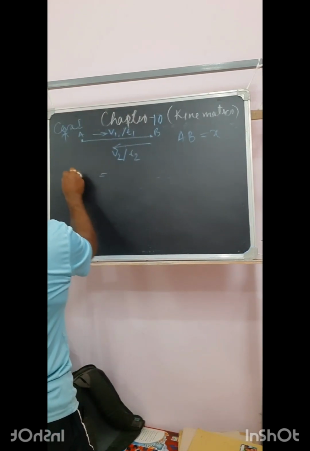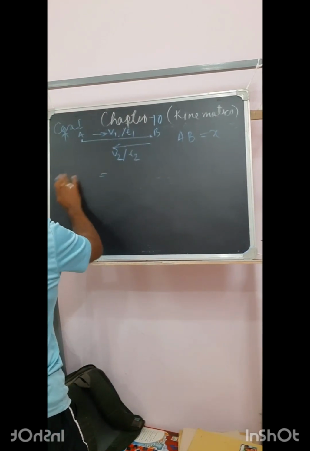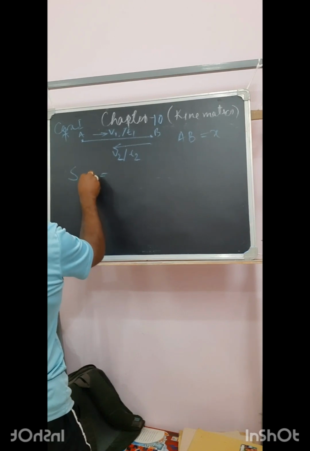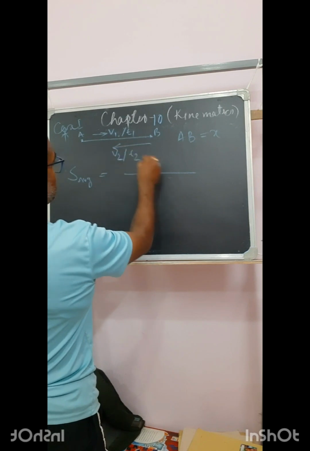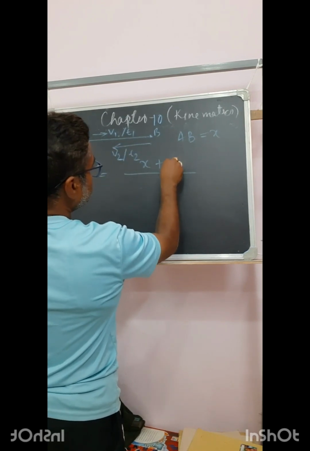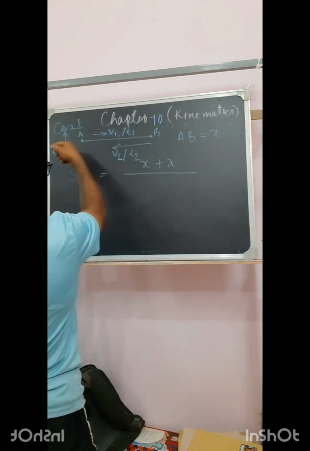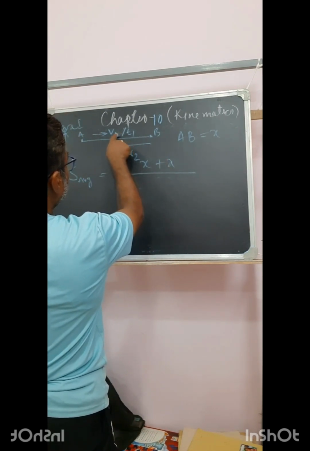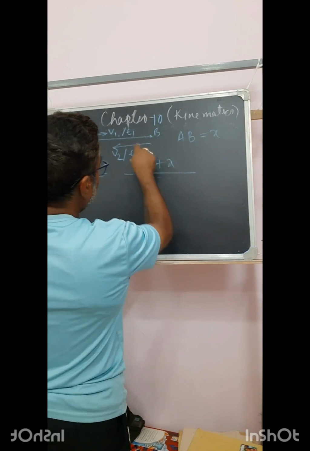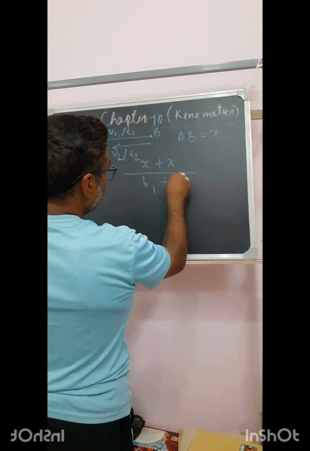So as per the formula, the average speed will be the total distance, which is x plus x, because x goes this side and x comes back, divided by the total time, t1 for going and t2 for coming back.